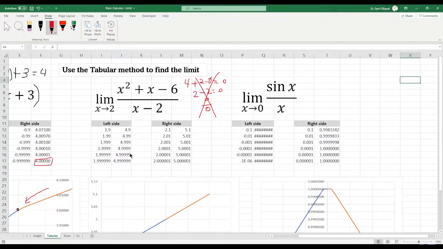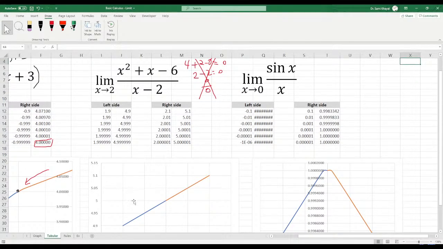Now, I make it bigger, because maybe some people are using a cell phone to watch. Like in this case, you are approaching 5, because see, 4.9999999.